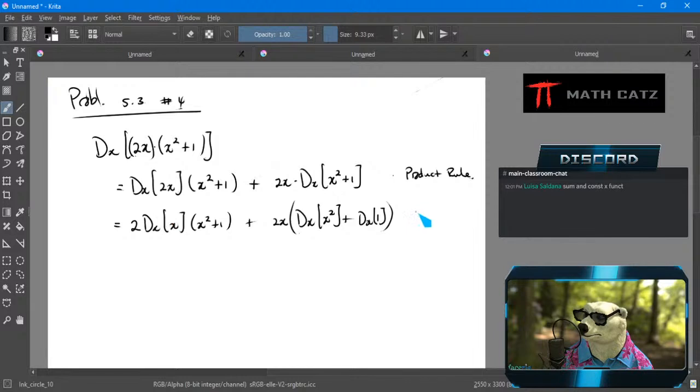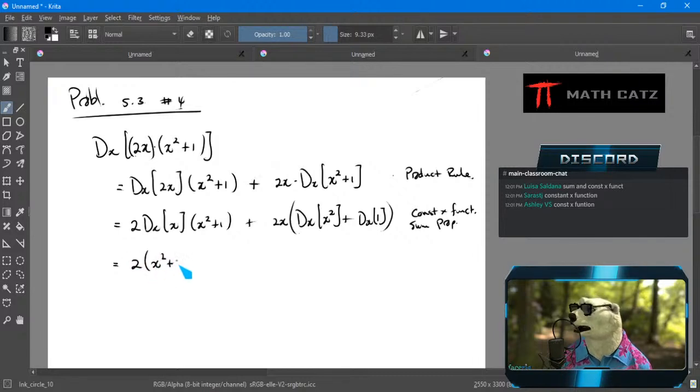Constant times a function for the first one. Constant times a function. And I've used the sum property. Squeeze them in. Okay. Then I am going to, I'll just do it all. I'll just write it down and you think about what I've done.